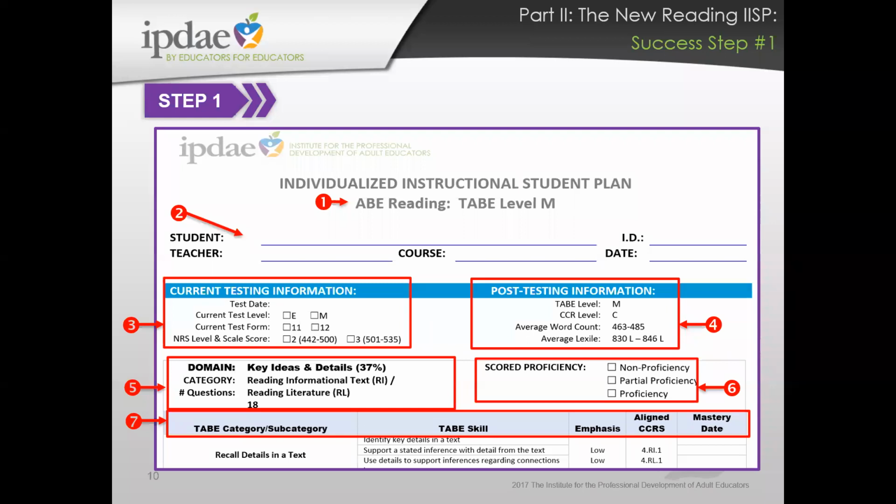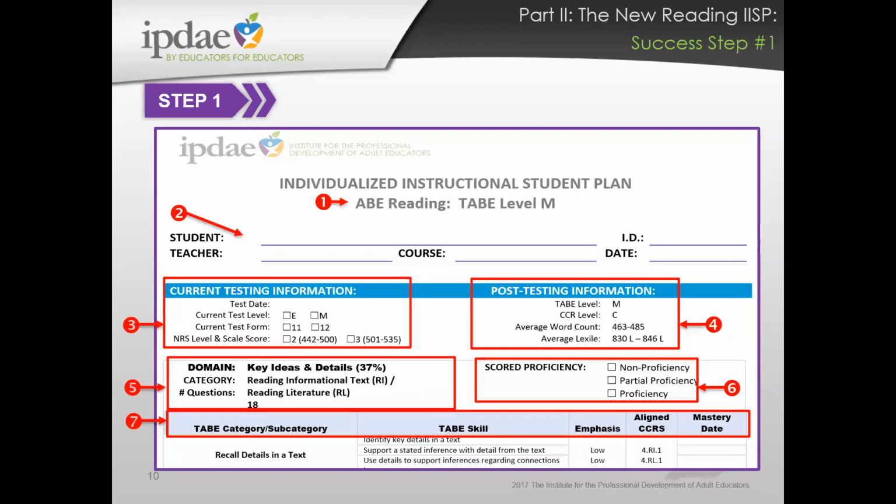Now let's look at section 2, which is located under the title of the IISP. And this is the section for you to input just basic student, teacher, and course information. Okay. Under that, you have section 3, current testing information on the left, and section number 4, post-testing information on the right.